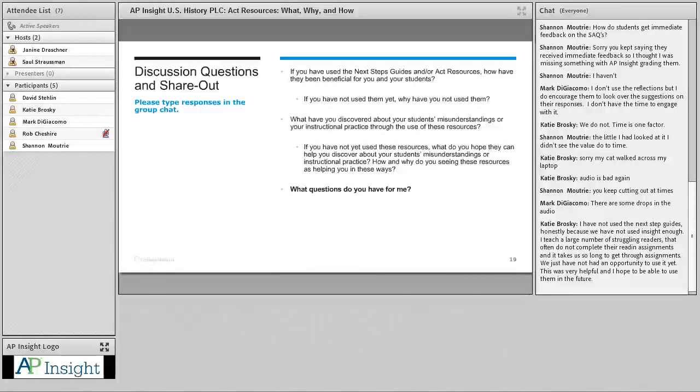The assessments I have found helpful, but I think maybe Saul might have alluded to this if I was listening correctly. I've been using those quizzes, the building block quizzes, as quizzes for my class that students do on their own time at home, but I haven't been using the Next Steps guides or the resources because I really don't have time in class.